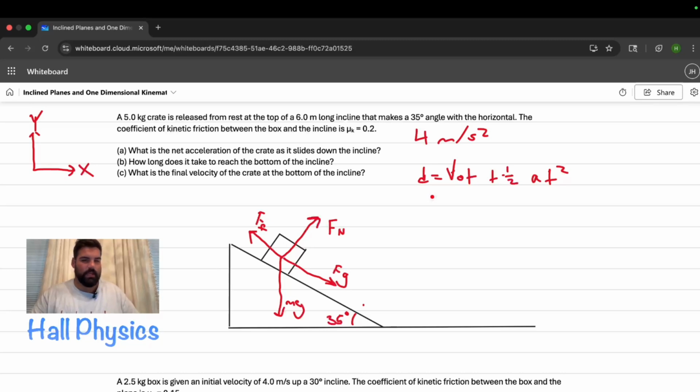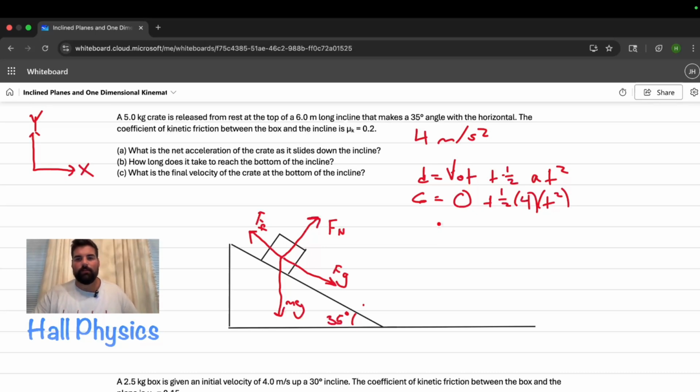Let's rewrite some numbers here. We know that the incline is 6 meters long. We know our initial velocity, we start at rest, so that variable will be 0 plus 1/2 times 4 times t squared.